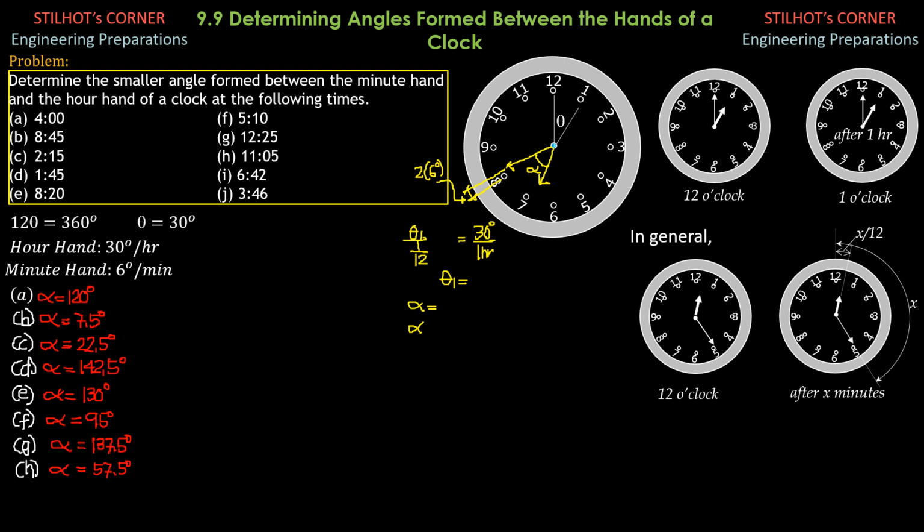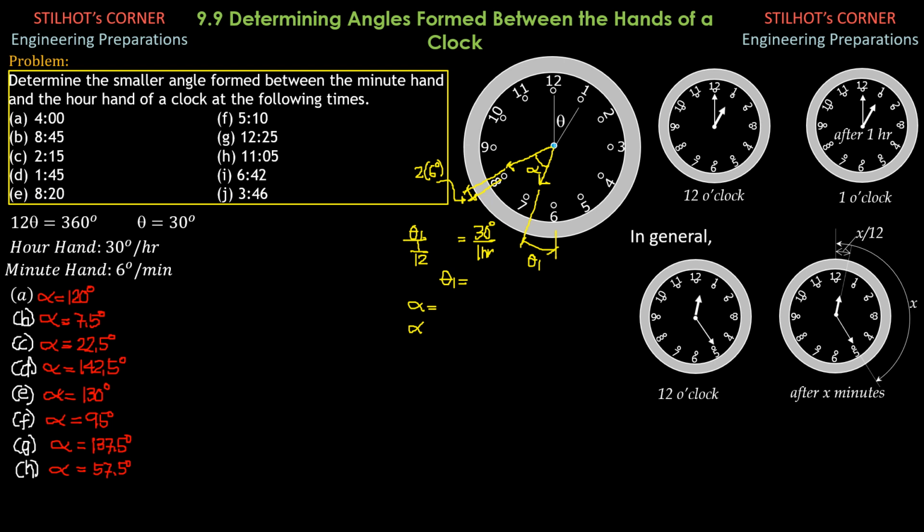While if this is theta 1, because the hour hand was pointing to the 6 mark, then from the figure, this alpha here is equal to this measure, which is 2 times 30 minus theta 1.